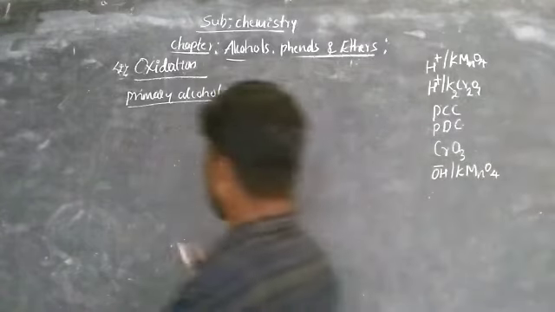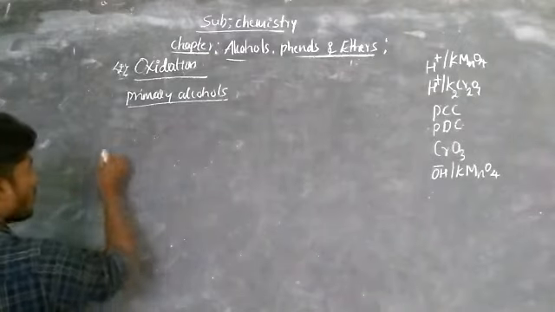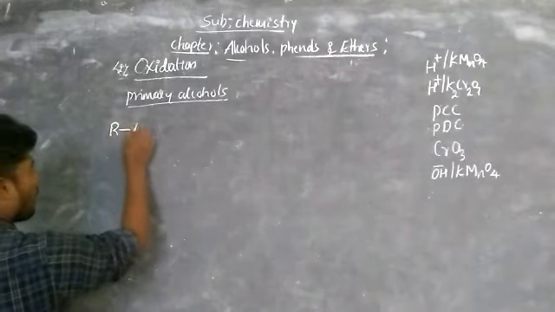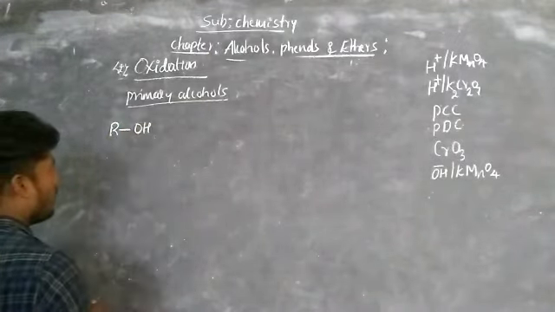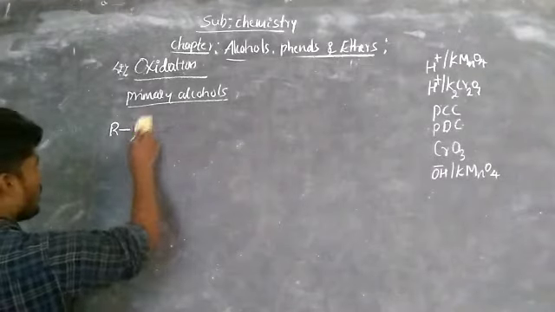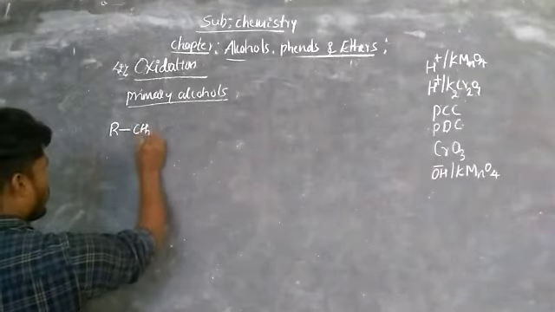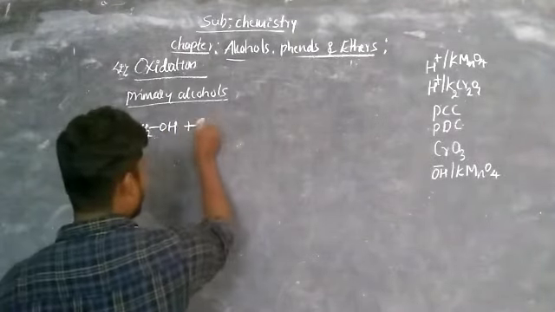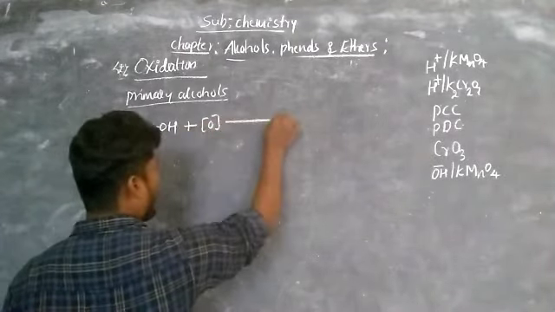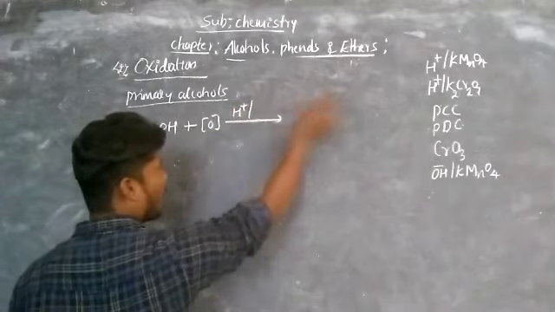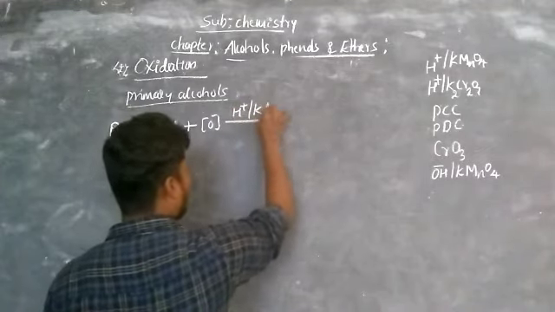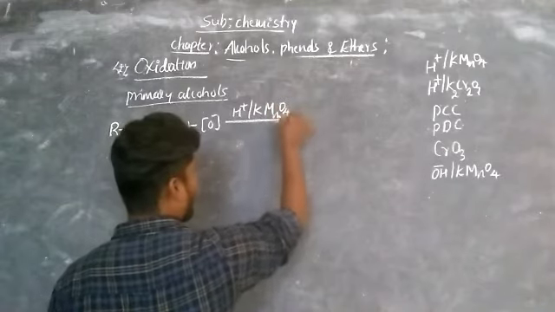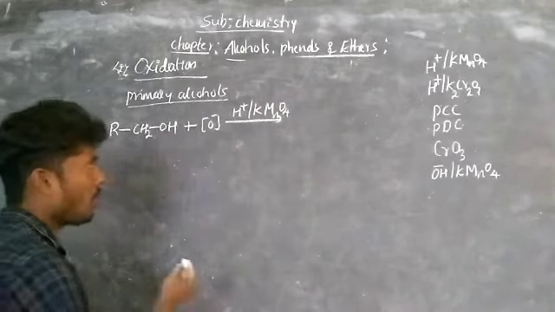Now take the primary alcohols. These primary alcohols, R-CH2-OH, are oxidized in the presence of acidified potassium dichromate or potassium permanganate, KMnO4. It gives aldehydes.